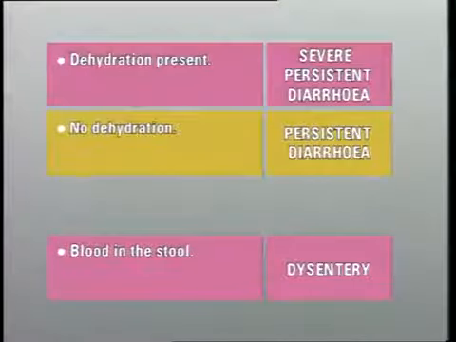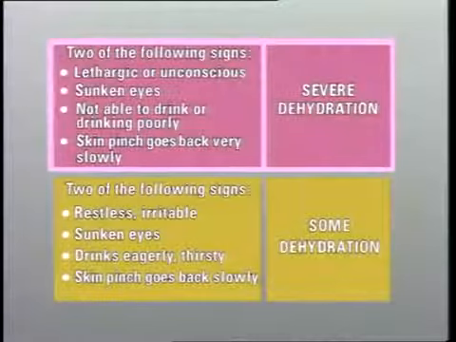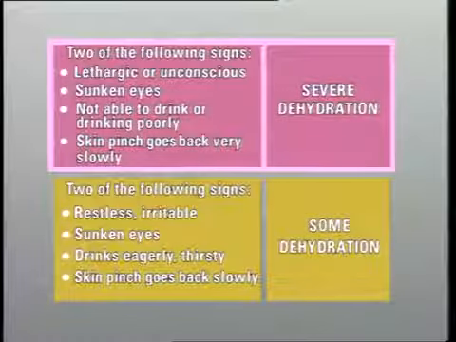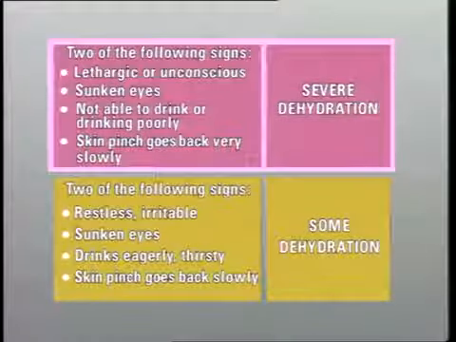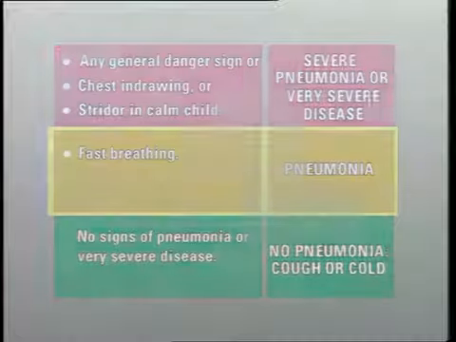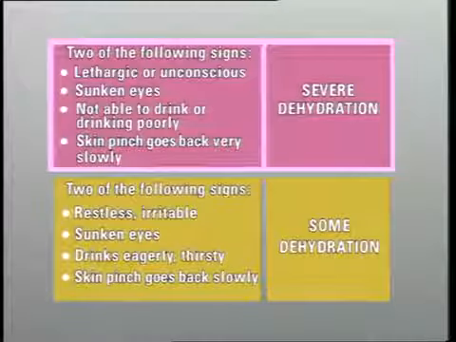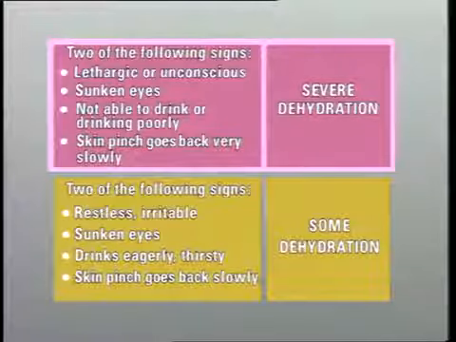Because he had no blood in the stool, he was not classified as dysentery. We would therefore classify Josh as having diarrhea with severe dehydration. Josh, therefore, has pneumonia and diarrhea with severe dehydration. What did you decide?